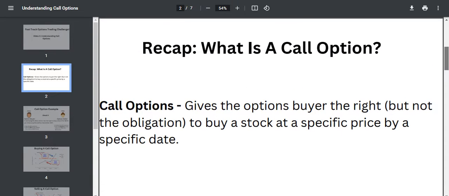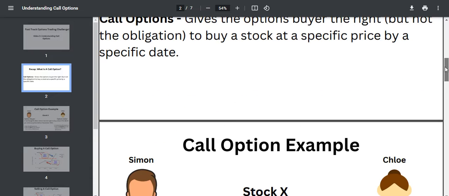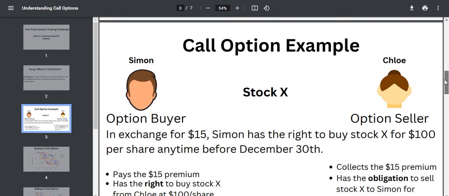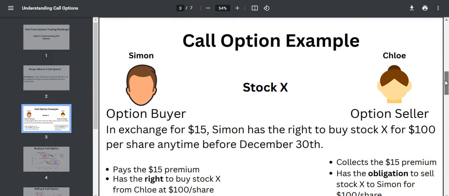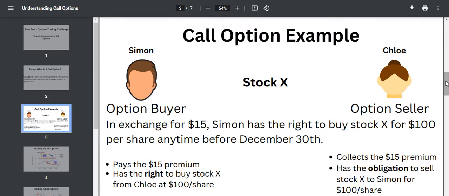So let's just recap what a call option is. A call option gives the options buyer the right but not the obligation to buy a stock at a specific price by a specific date. If you remember, this is the option example I showed you in the previous video. We've got Simon, who's going to be the call option buyer, and Chloe, who's the call option seller.